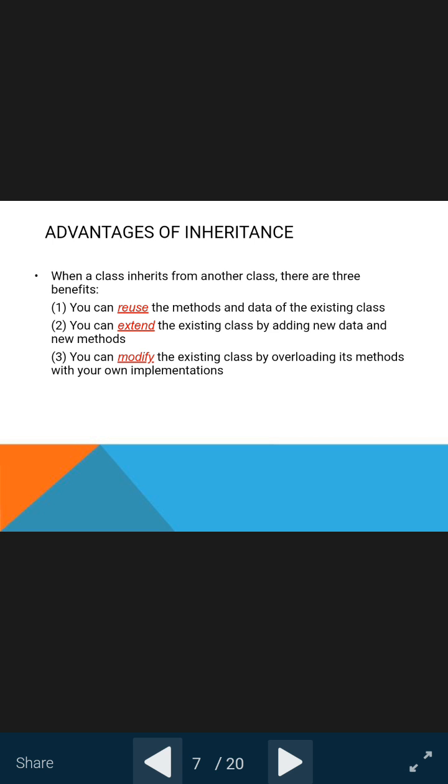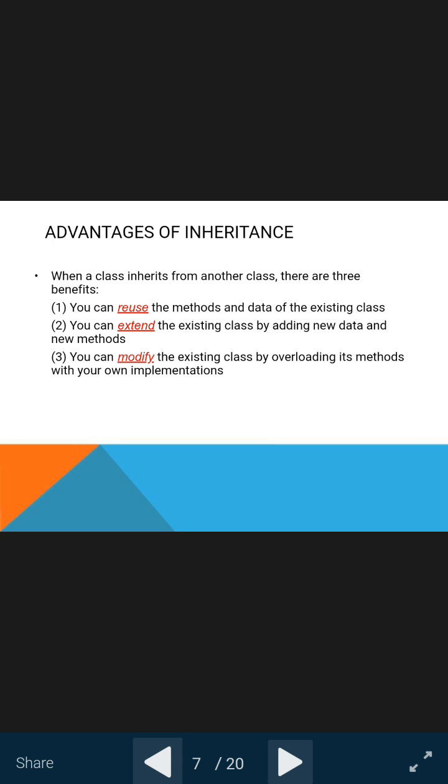The third one is you can modify the existing class by overloading its methods with your own implementation. We have some methods in the base class. In the derived class, whenever we overload the methods of the existing class, you can implement those methods in the derived class.